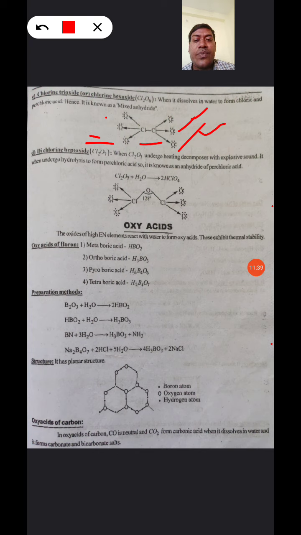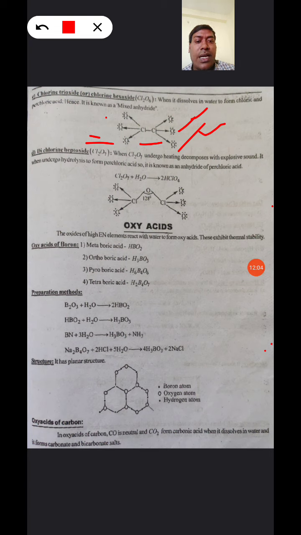The next one, dichlorine heptoxide. So here the general formula of dichlorine heptoxide is Cl2O7. When Cl2O7 undergoes heating, it decomposes with explosive sound.